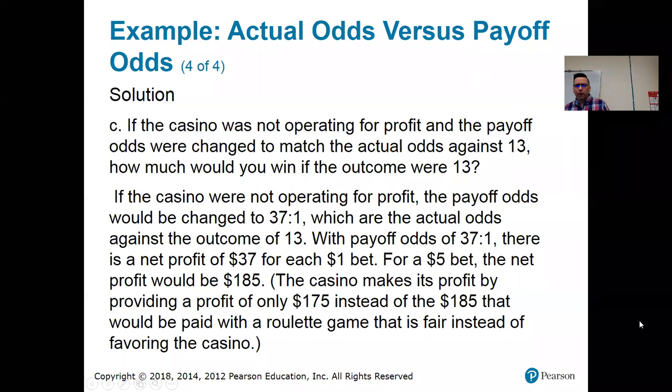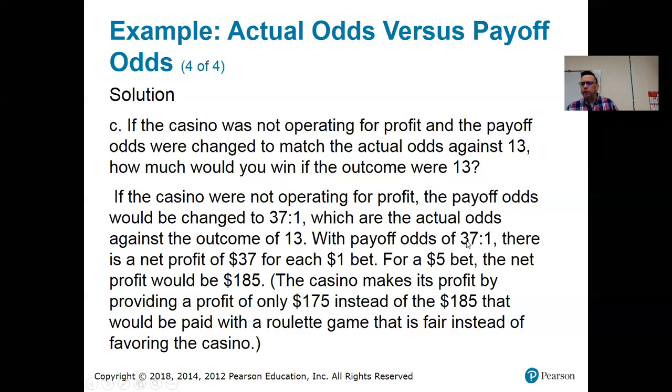So that brings us to part C. If the casino was not operating for profit, and the payoff odds were changed to match the actual odds against the number 13, how much would you win if it came up number 13? Remember, in part A, we figured out that the actual odds against 13 are 37 to 1, because there are 37 numbers that are not 13 versus only one number that is.